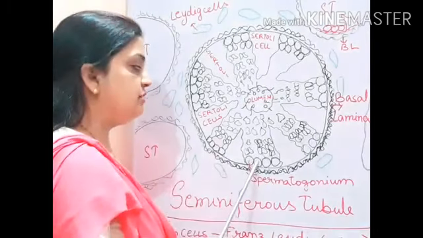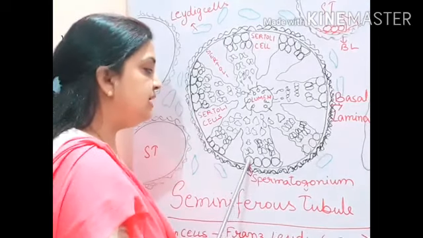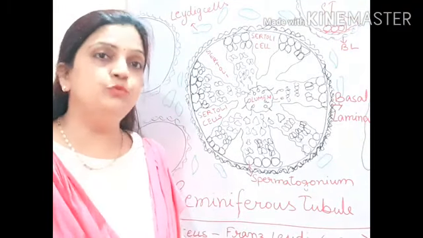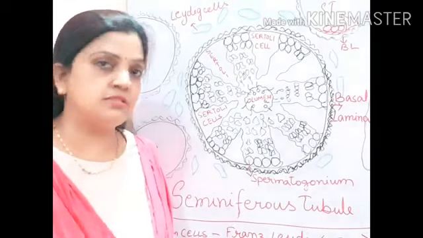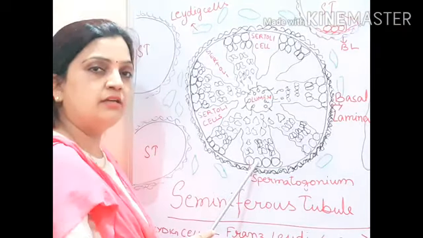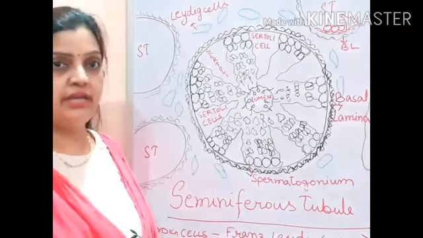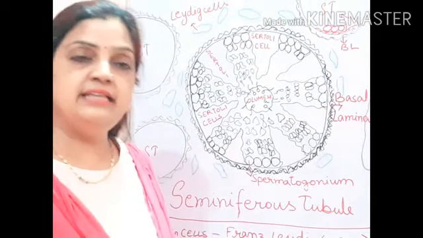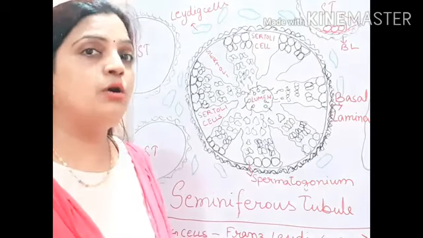Now these spermatogonium cells will move to the second phase of cell division, that is meiosis. They go through the first meiosis and second meiosis, as a result of which 4 spermatids are formed, and these spermatids develop into spermatozoa or sperms.